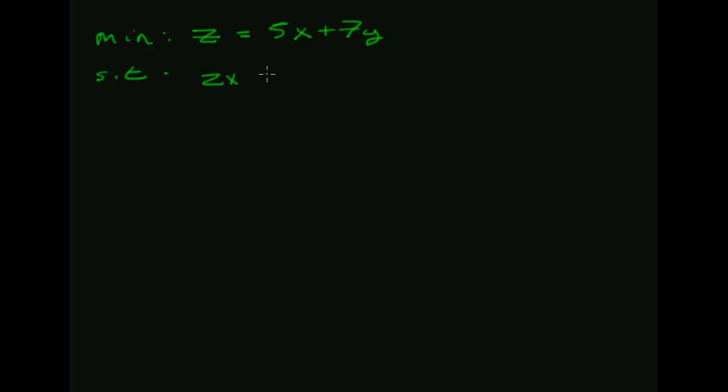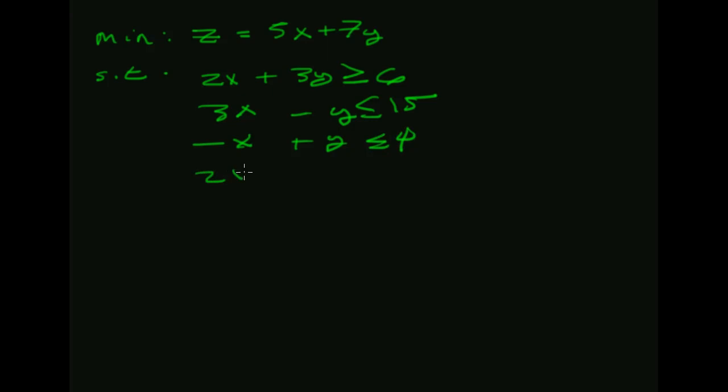So let's say we have 2x plus 3y is greater than or equal to 6, 3x minus y is less than or equal to 15, negative x plus y is less than or equal to 4, 2x plus 5y is less than or equal to 27, and x and y are greater than or equal to 0.